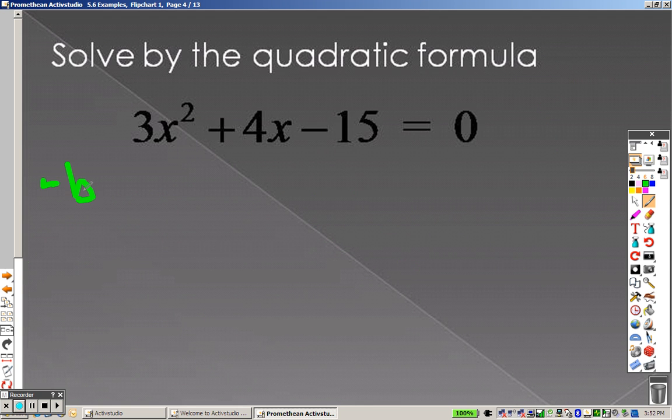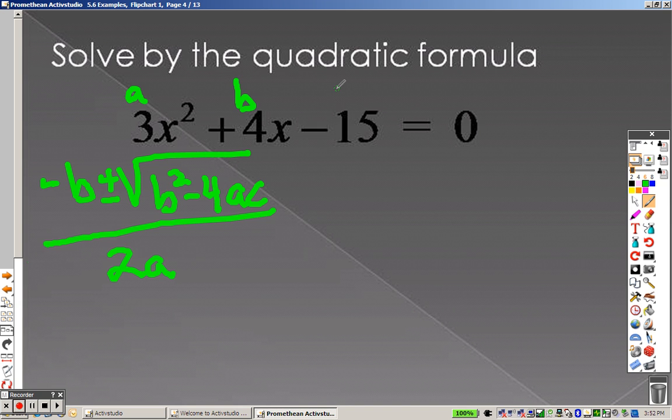Once again, negative b plus or minus the square root of b squared minus 4ac all over 2a. So this is your a, this is your b, and this is your c.